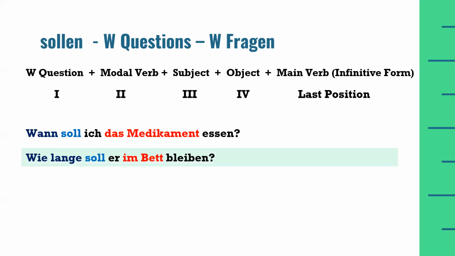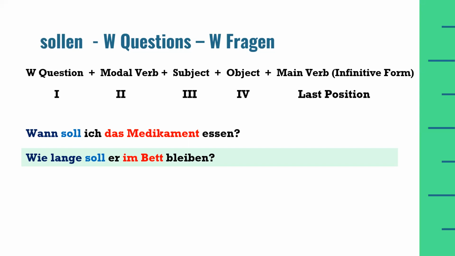Next example: Wie lange soll er im Bett bleiben? How long should he stay in the bed? Again, in this example, wie lange is the W question word. Then comes soll, which is the conjugation of the verb sollen for the subject er. If we look at the position of all these words, wie lange is at the first position.